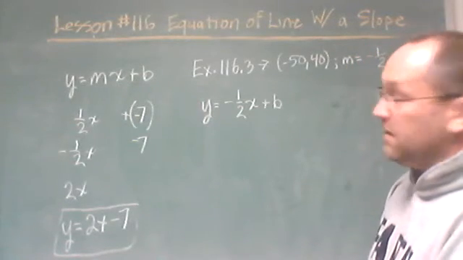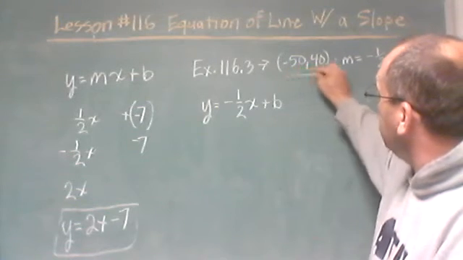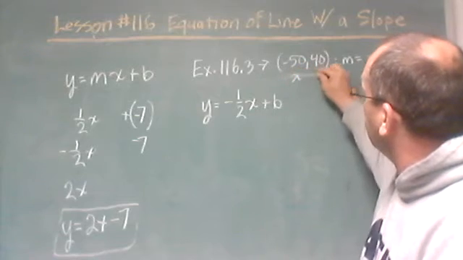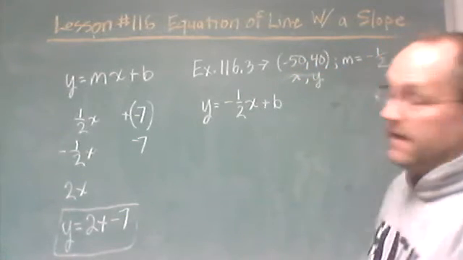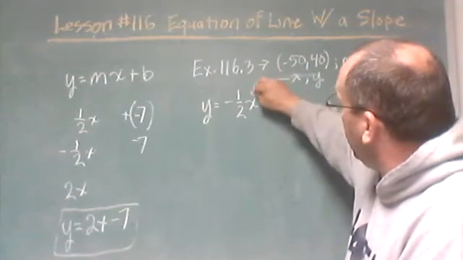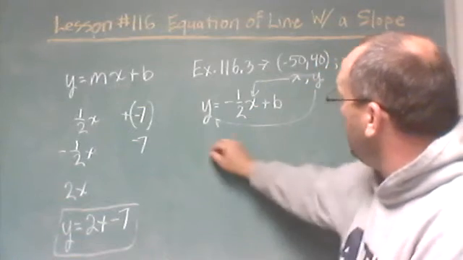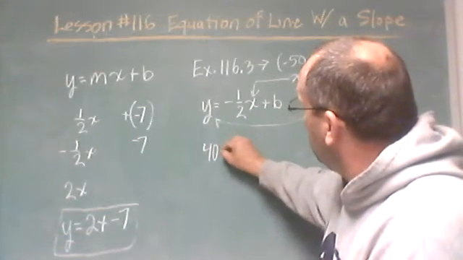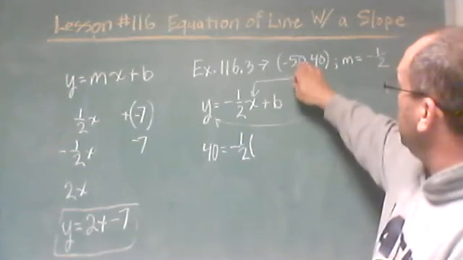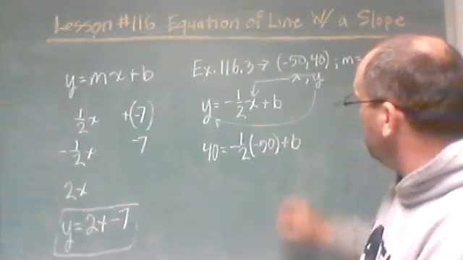Then from that point, what do we do? We take this known point they gave us, where this is an x coordinate and this is a y coordinate in an ordered pair, and we plug that in. We plug this in for x, and this in for y. So y will be 40, equals minus 1/2 times the x, minus 50, plus b.